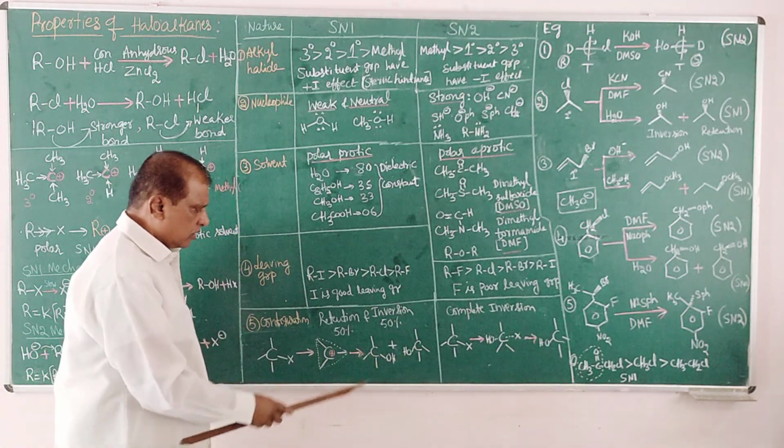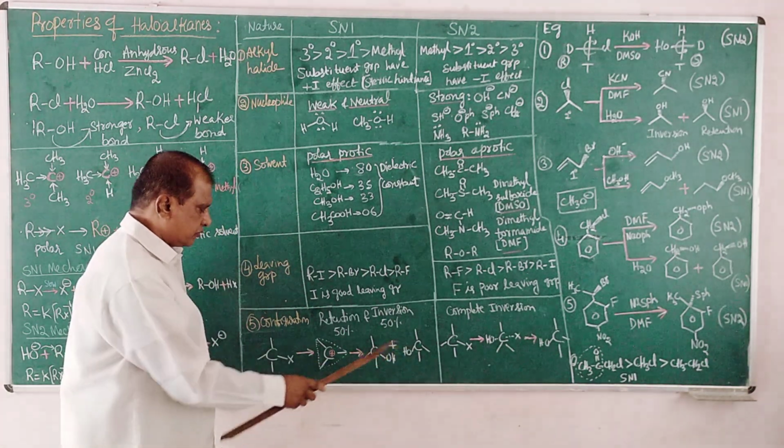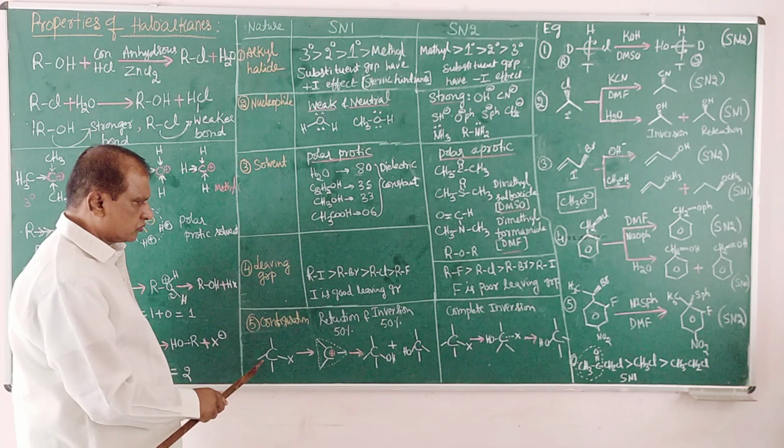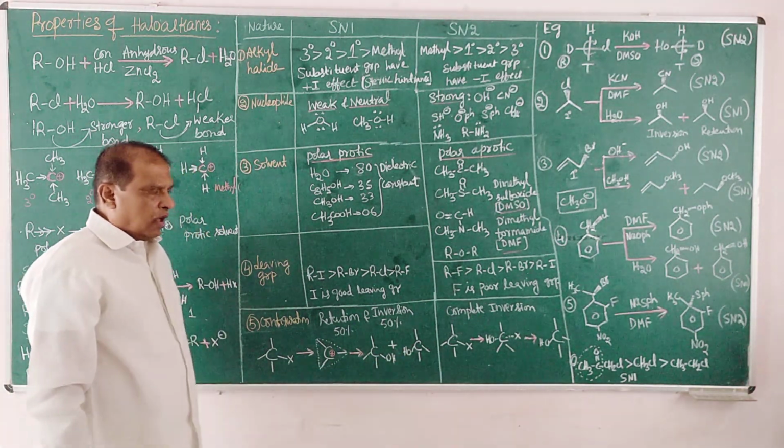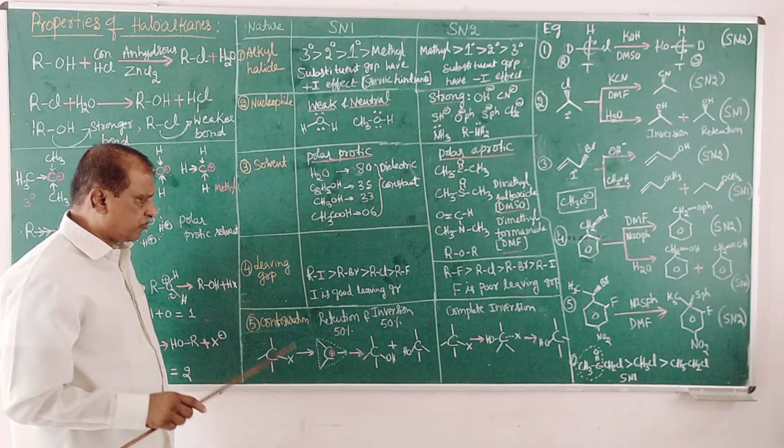Look at the tetrahedral geometry. This is retention, this is inversion. Both are possible, 50-50, equal.